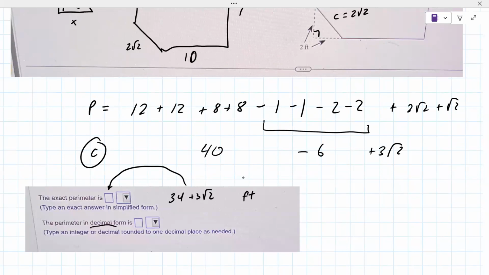And then the decimal form, you're just putting this into the calculator, rounding to 1 decimal place. It's still in feet. And I get 38.2. Please double check me, especially since this is for a score that counts.